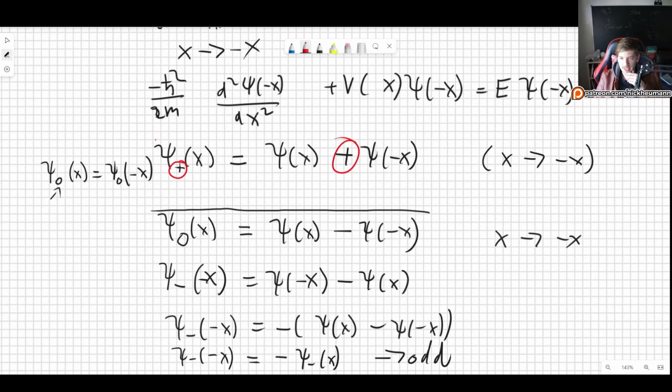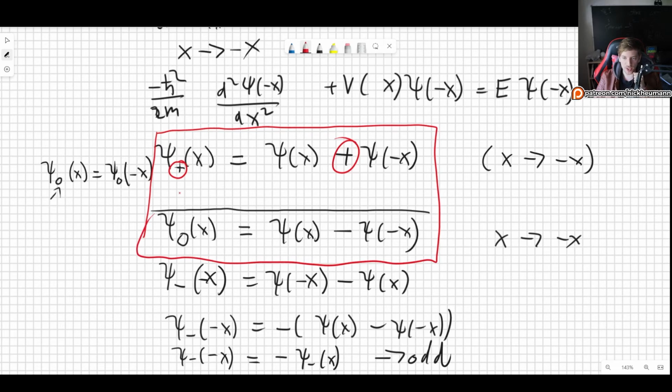Okay, so what is the conclusion here? The conclusion is that if we have a potential that is even, we can always write our solutions as a sum of even and odd solutions, and our result will still be completely valid. We can still work with it. And at this point, I'm sure you're wondering, why do I care about this? Well, because a lot of times, saying we have even and odd solutions, and just working with them separately, will be so much easier.